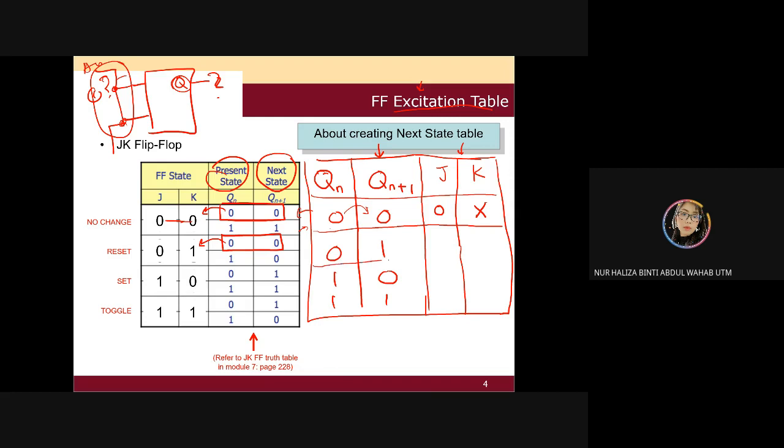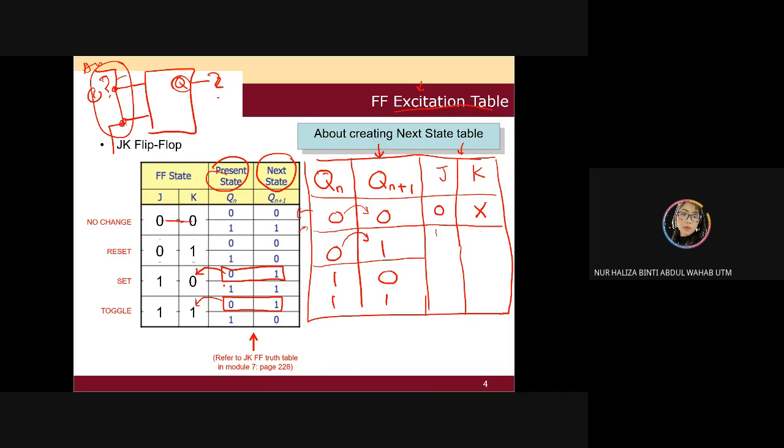For the scenario of 0 to 1, the present state is 0 and the next state is 1. We have these 2 conditions. What do we have?